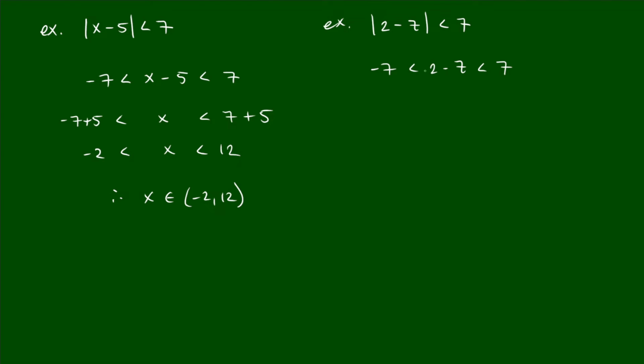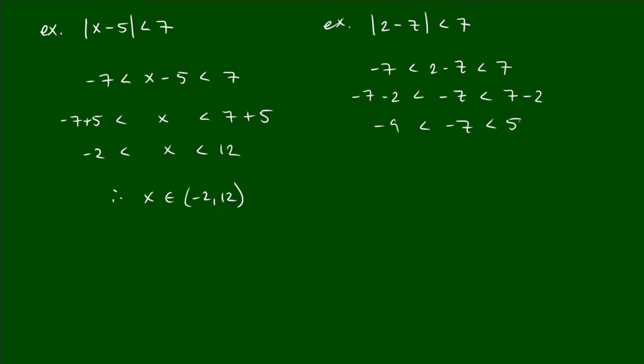Because you have a positive 2 in the middle. So now you have minus 7 minus 2 is less than negative z. It's still negative, right? Because you didn't do anything with that. All you did was subtract 2 on both sides. And then you have that is less than 7 minus 2. So you have minus 9 is less than negative z, and that's going to be less than 5.